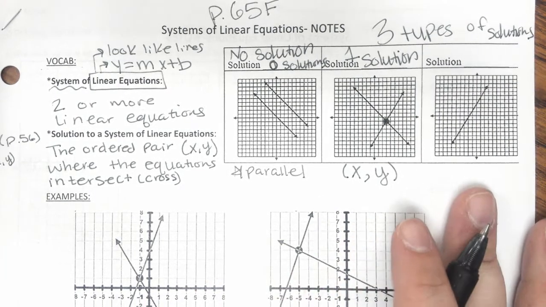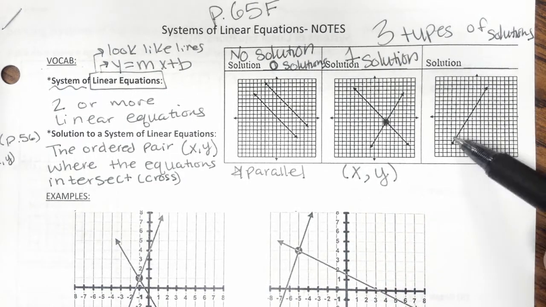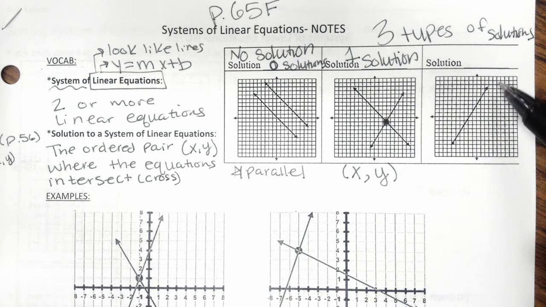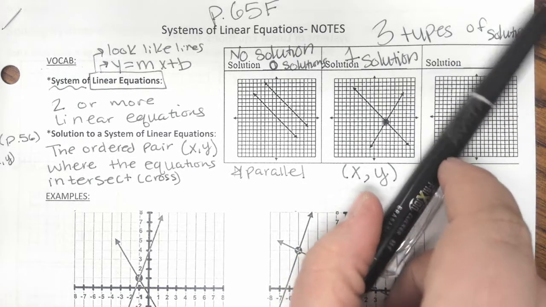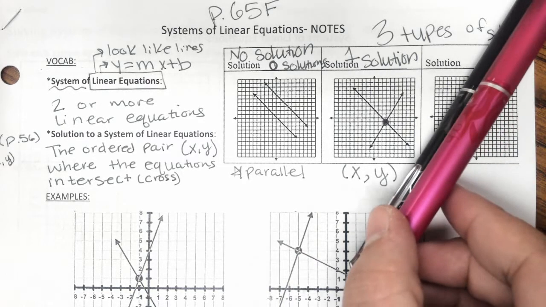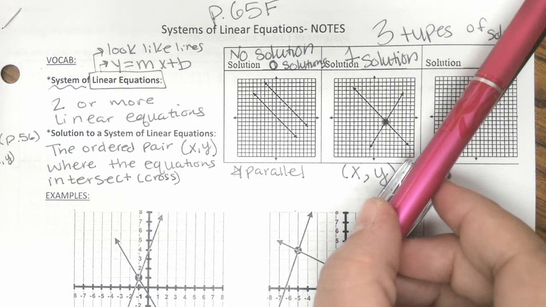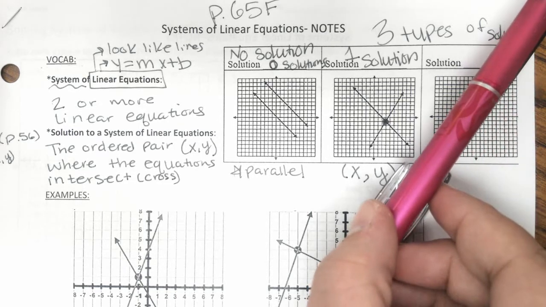Looking at the last graph, this looks like there's only one equation there. Technically there is. What's happening though is on top of that line is the exact same line, just right on top of it. So right now all you see is my pink pen, but really there's a pink and a black pen right there.